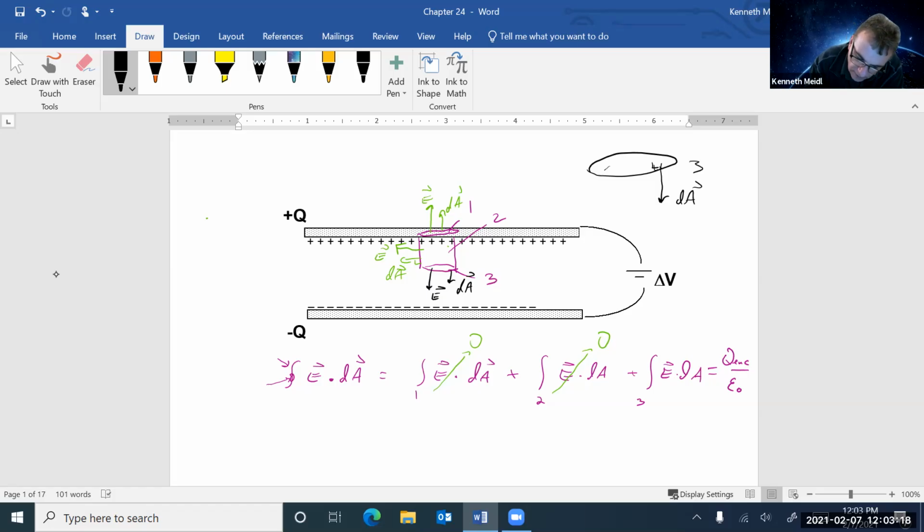Now, if you're thinking, well, why don't I have an electric field pointing like that? This would have a component that I might call the X direction. It would have a component here in the Y direction. And this one right here is the same as this one down here that I just drew.